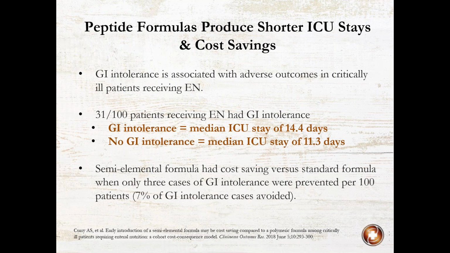However, they estimated that the cost of the peptide-based formulas outweighs the cost of the standard polymeric formulas whenever there's improvement in only 7% of the GI intolerant cases, because it reduces on average the ICU stays by 3.1 days.